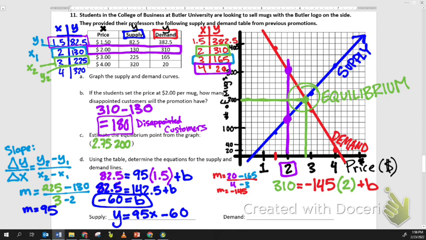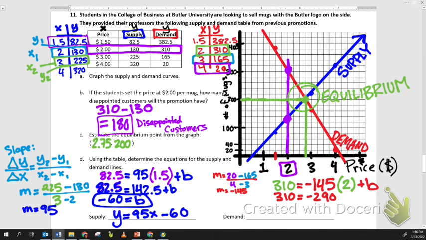So when I solve that for b, I have negative 145 times 2, which gives me negative 290.